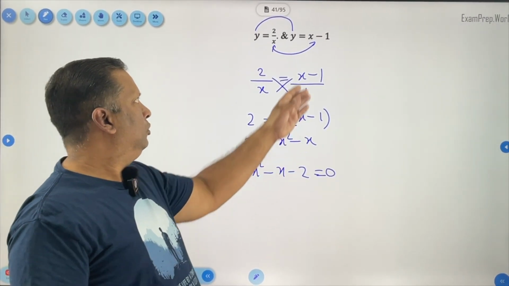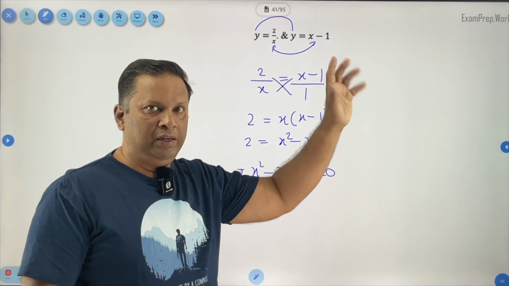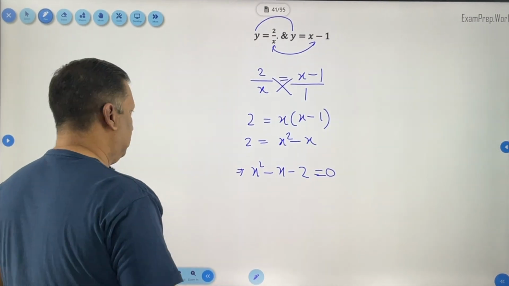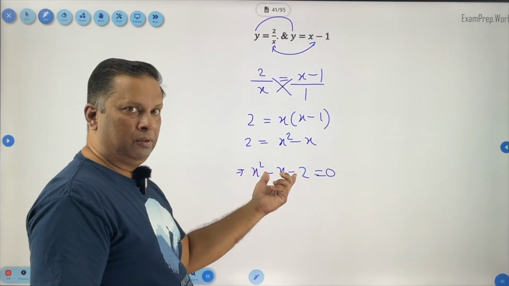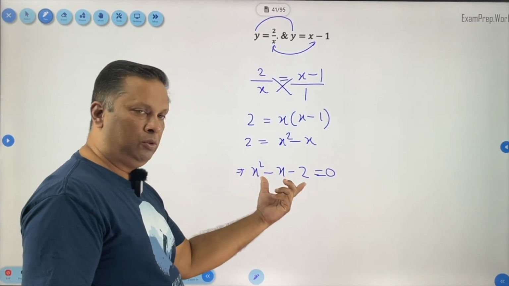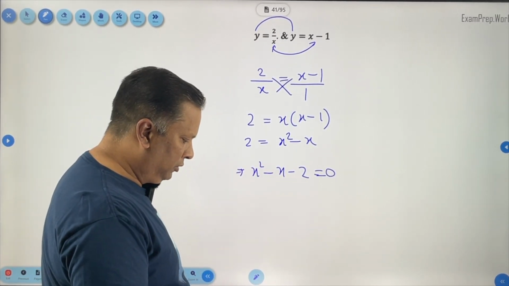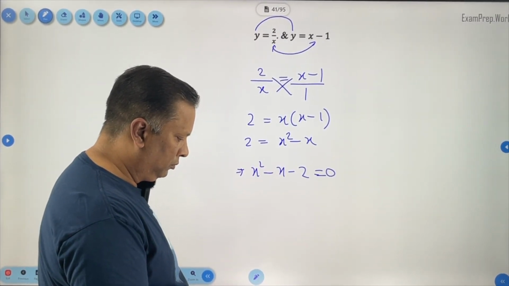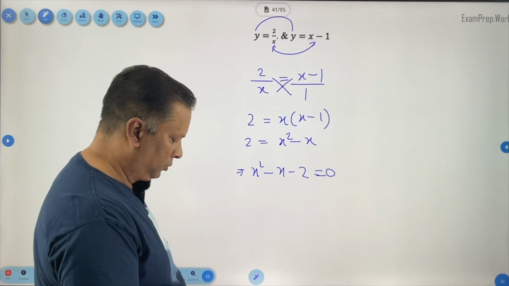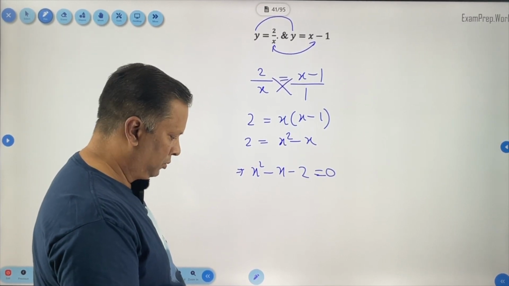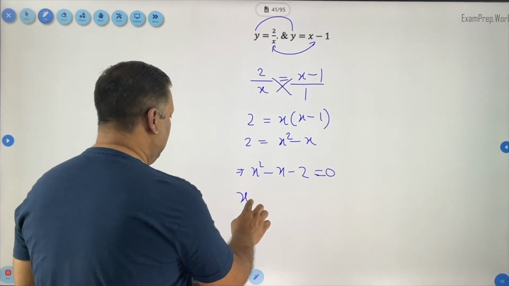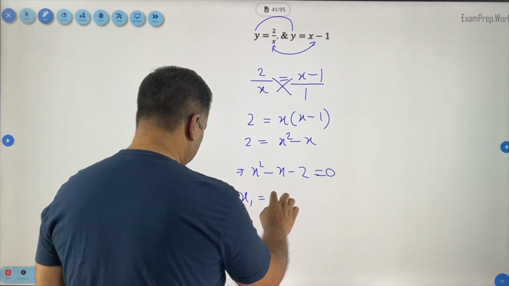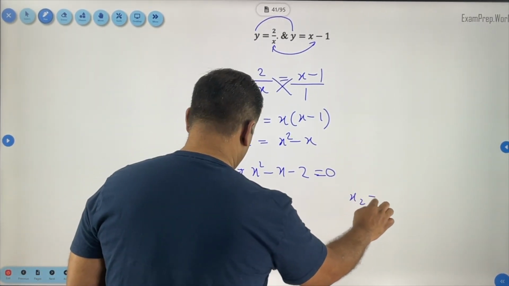Now, if you solve this quadratic, you will get the value of x. Put that x value in this one, you will get the y value, and you will get the point of intersection. And you will get 2 points of intersection because it's a quadratic. So let's solve this quadratic. One of the values, x1, is 2 and x2 is negative 1.